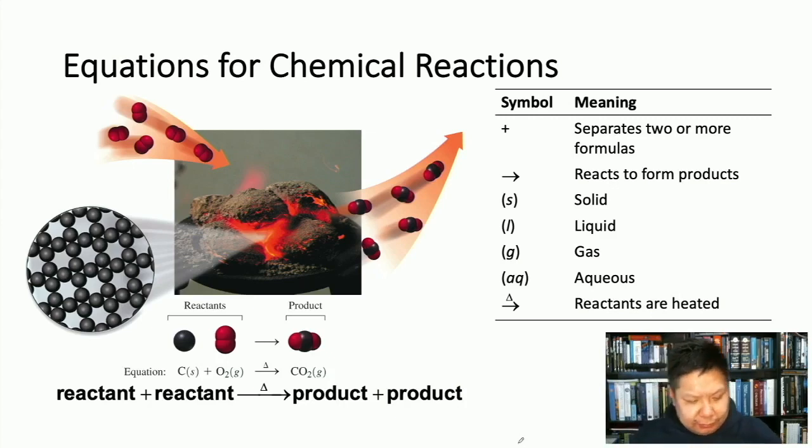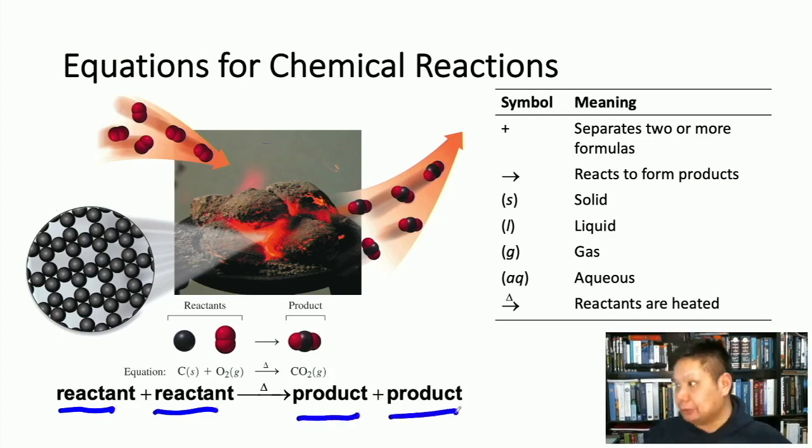So the equations for chemical reactions are pretty self-explanatory, right? We start out with reactants. Sometimes there's one reactant, sometimes there's 2 reactants, right? But the reactants are always going to be on the left side of the arrow, and then on the right side of the arrow are the products. Sometimes there's 1 product, sometimes there's 2 products. So this part right here is called the reaction arrow.